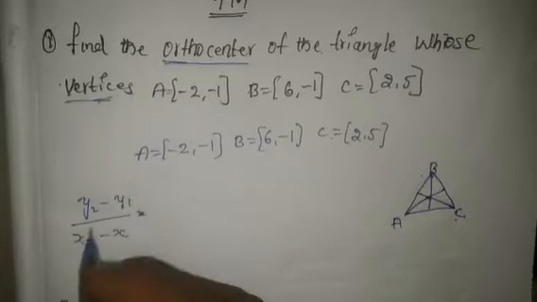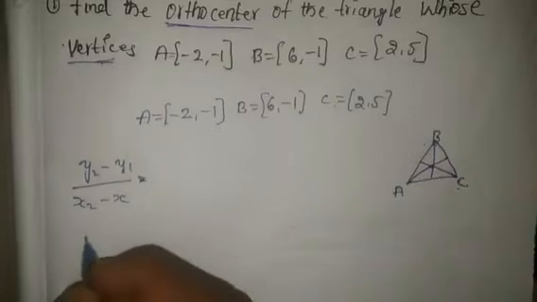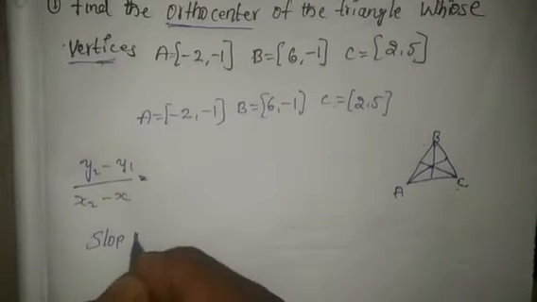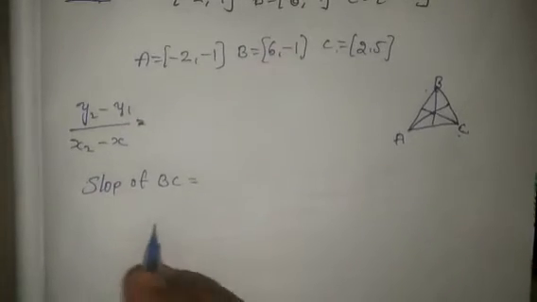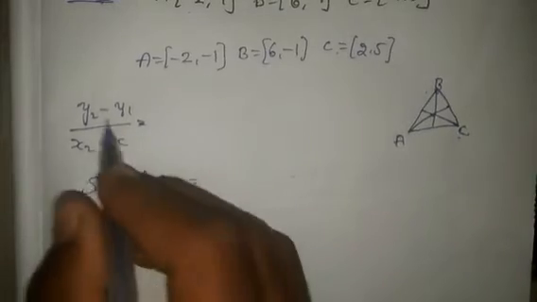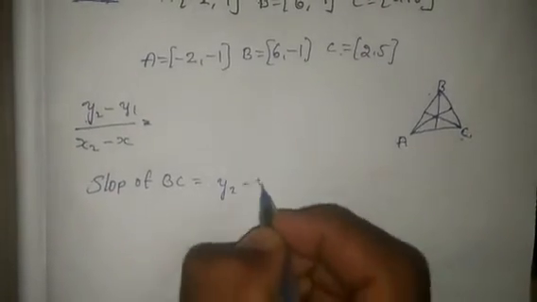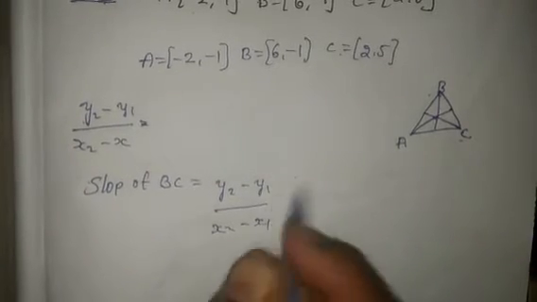Okay, applying this formula we get the solution. Now we have to find the slope of BC. The formula is y2 minus y1 by x2 minus x1.